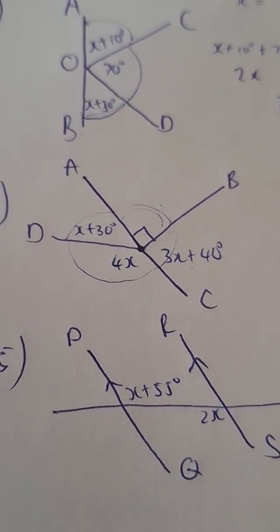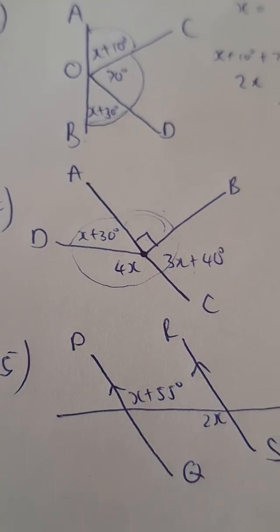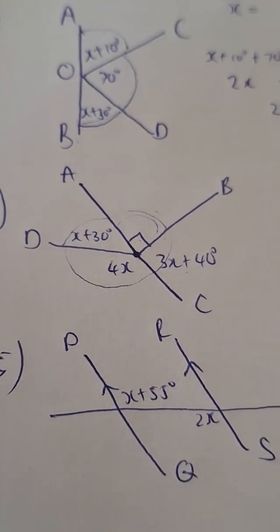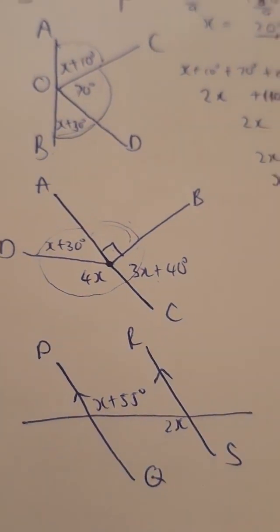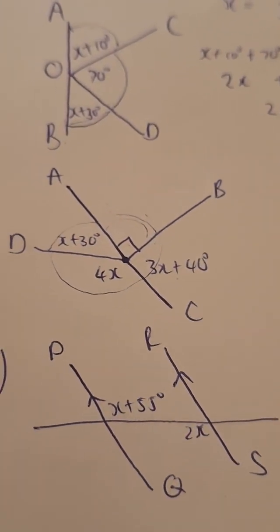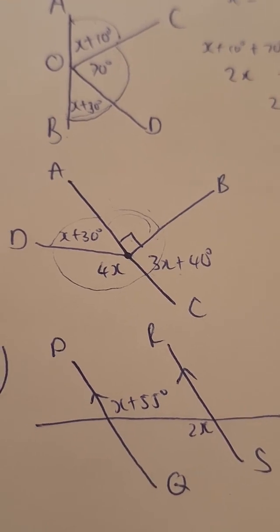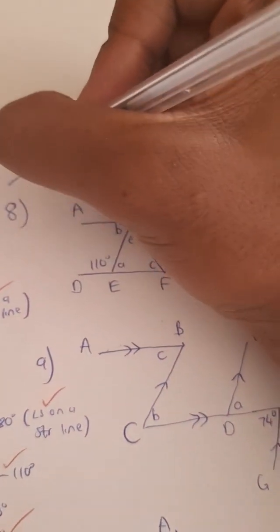This is the lesson I definitely want to teach you then. Please, guys, remember vertically opposite angles happen when two straight lines intersect.